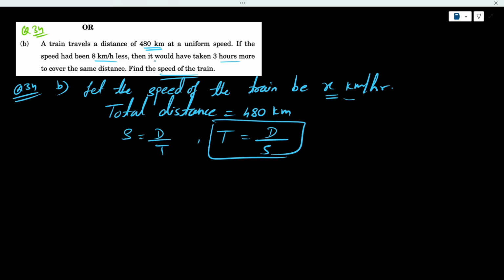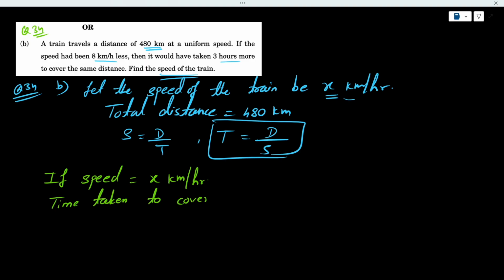If the speed is 8 km per hour less, then it will take more time to cover, right? So what we will write first: if speed is equal to x kilometer per hour, then time taken to cover 480 kilometer will be equal to distance by speed, which means 480 by x hours.